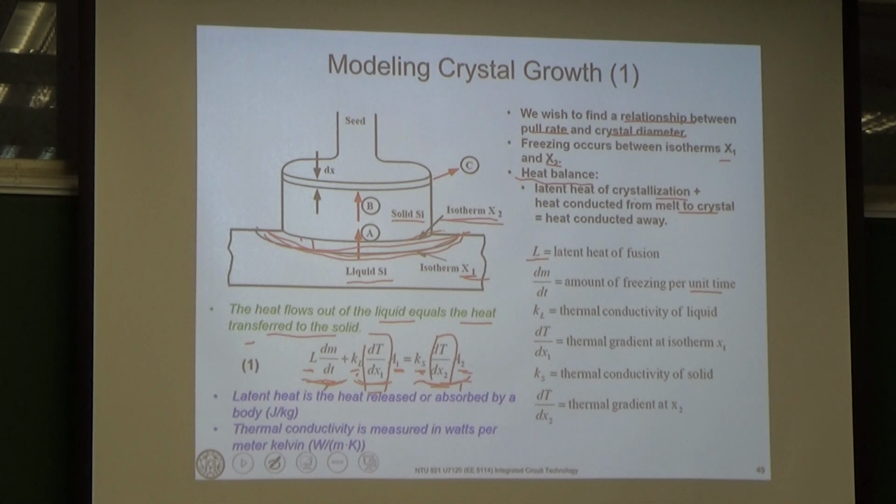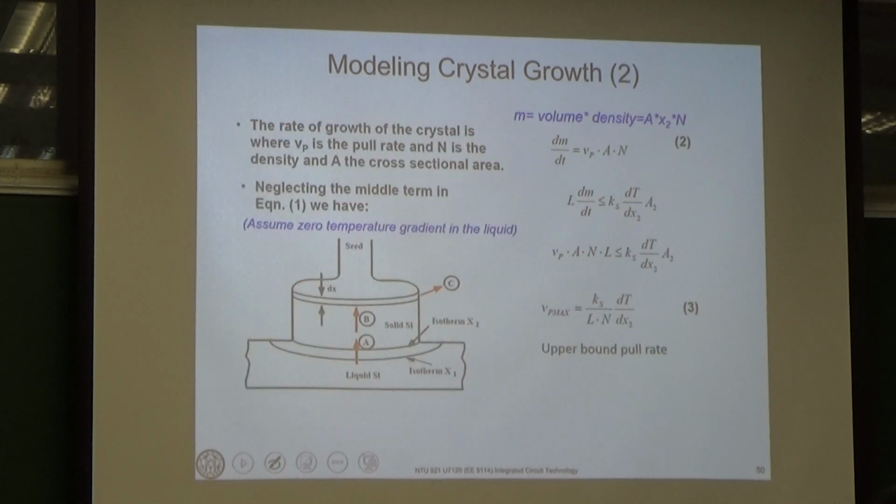I think it's very easy to understand this. Now, we want to know the rate of growth, and we can use Vp, that's velocity, to describe this growth rate or the pull rate. N is the density and A is the cross-sectional area.